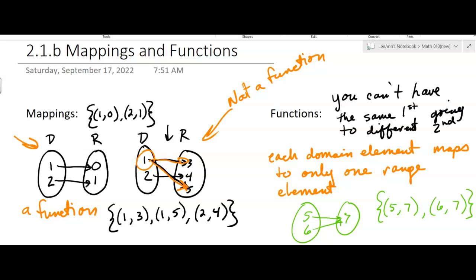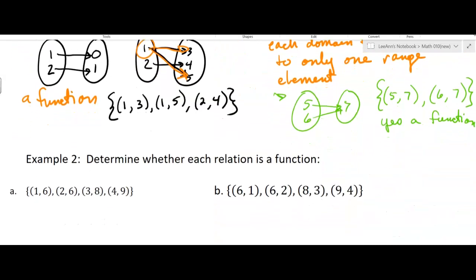So stop the video and think about it. The answer is it's a function. Yes, a function. A lot of times they'll say, is this a function? Yes or no? Okay, because each of my domains only go one place. They go to the same place, but that's okay. You can't have the 5 going to 2 different places or the 6 going to 2 different places. You can only go to one place.